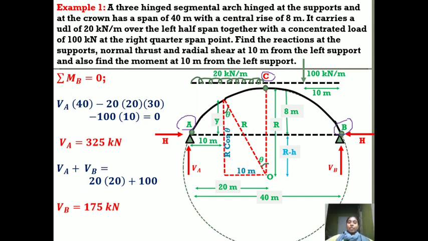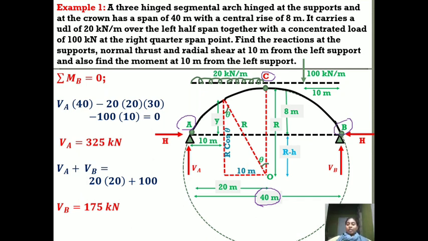So the span is given as 40 meter. So the span of the arch is 40 meter. See, remember it is the span of the arch. The diameter of the circle will be greater than the span of the arch. When we are taking a segmental arch, the diameter of the circle is always greater than the span length of the arch.